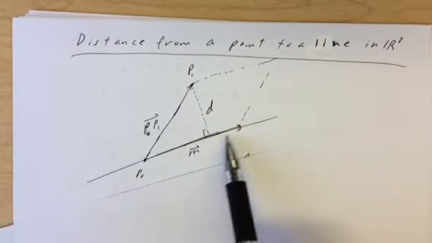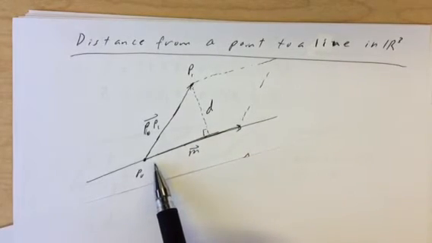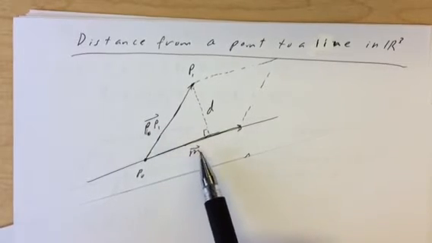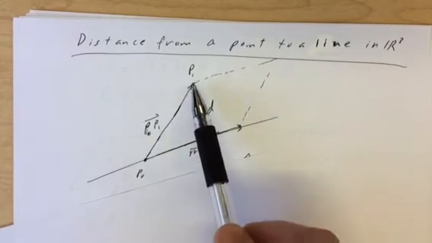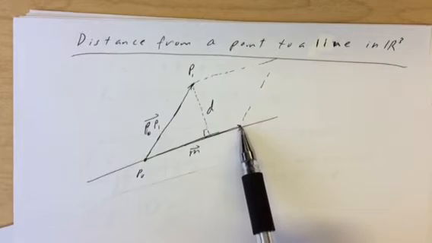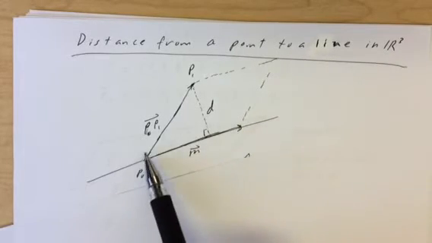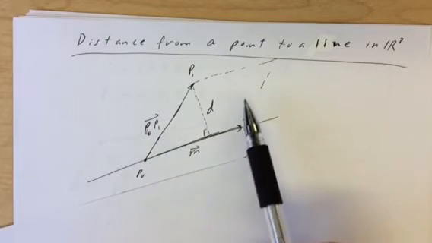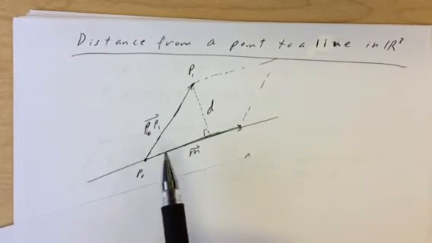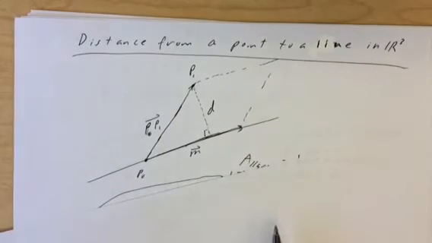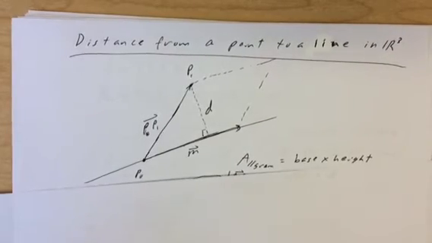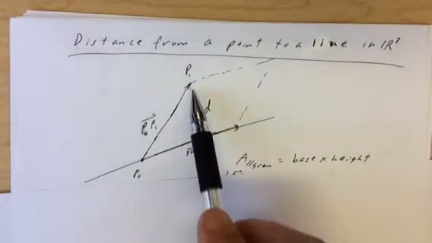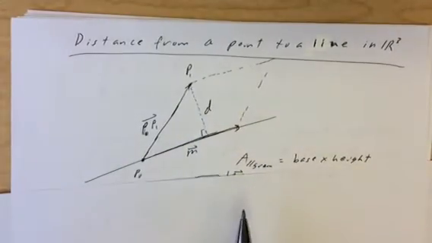The direction vector can be written here. We know that the cross product of P0P1 and m will give you the area of the parallelogram formed. If we can get the magnitude of that cross product and divide it by its base, then, since the area of a parallelogram is the base times the height, d is the height.